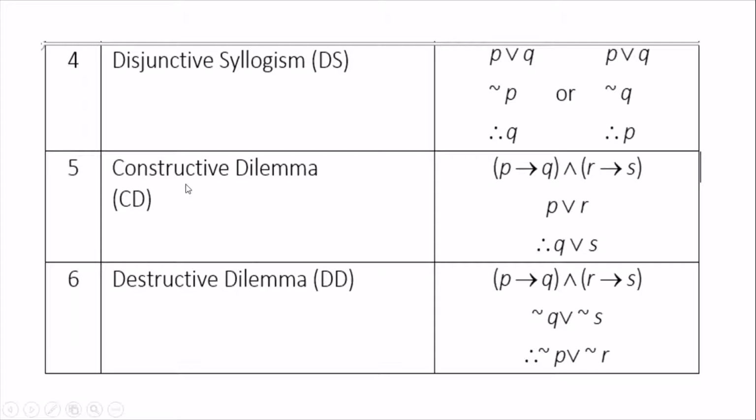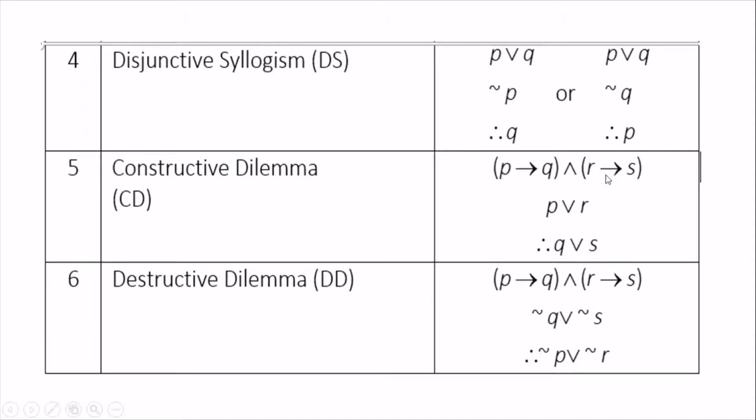Now, the fifth rule is the constructive dilemma. As you notice here, we have again two premises. The first premise is the conjunction of two conditional statements, and the second premise is the disjunction of the two antecedents from the first premise.